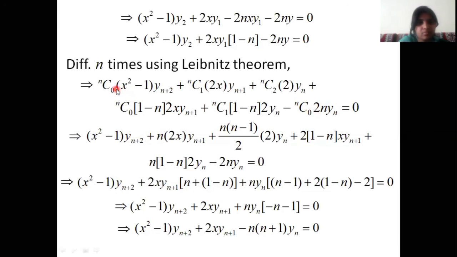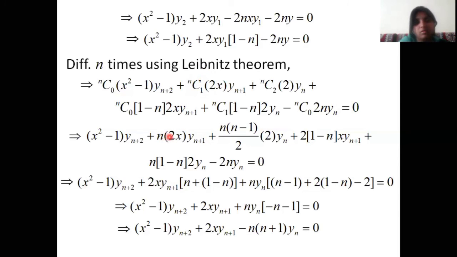And see here, in this step I have just written the values of this combination nc naught, nc1, nc2. Nc naught is 1, and nc1 is n, because it is n factorial by n minus 1 factorial into 1 factorial. 1 factorial is 1, and in the numerator instead of n factorial I can write n into n minus 1 factorial. So the numerator and denominator have n minus 1 factorial, you can cancel that, and the remaining thing is n.